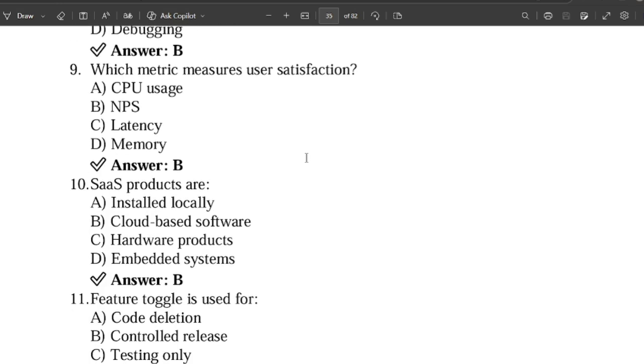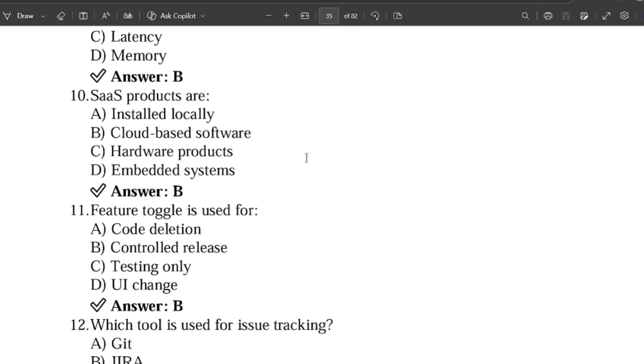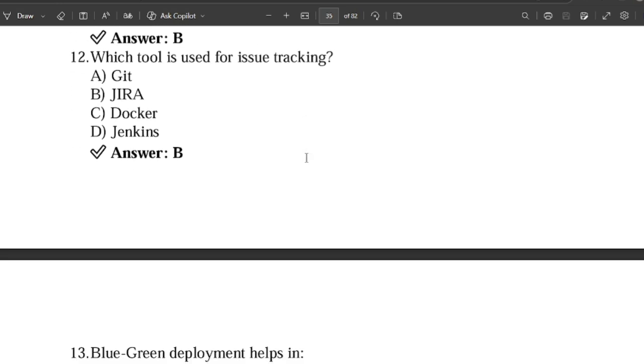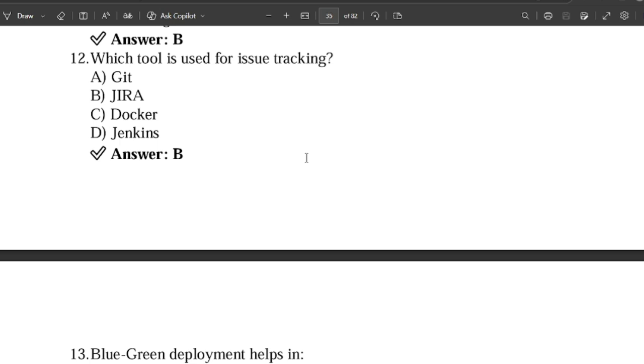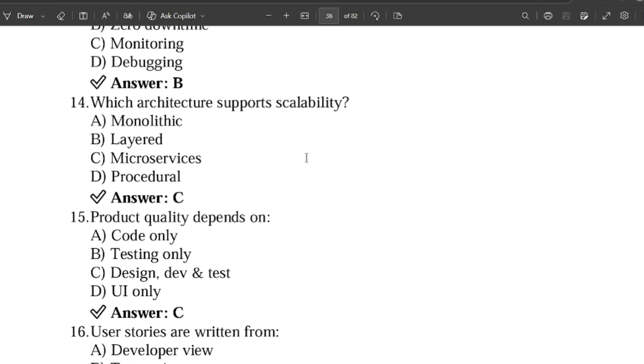Which metric measures user satisfaction? NPS. SaaS products are cloud-based software. Feature flagging is used for controlled release. Which tool is used for issue tracking? Jira. Blue-green deployment helps in zero downtime. Which architecture supports scalability? Microservices.